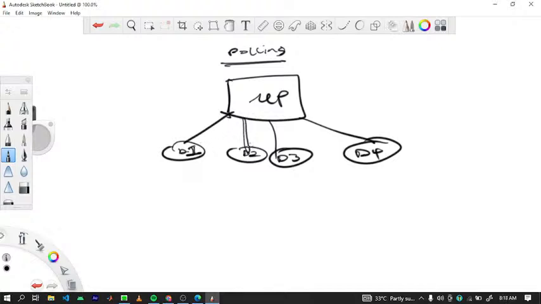Then it goes to device two and asks how it is. If device two says I'm good, it moves on to device three and asks the same question. Device three says I'm having a few problems, it will solve the problem, then go on to device four and ask device four. That's basically what the microprocessor is doing. It is asking, polling in the sense of election polls, right?